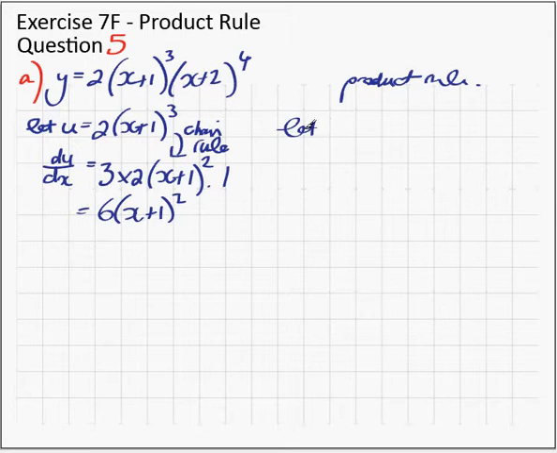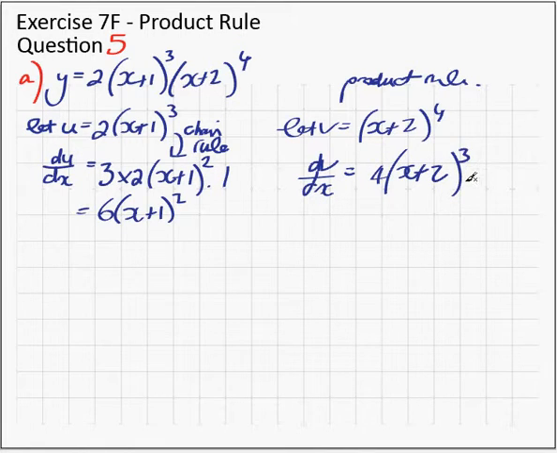I'm going to let v equal the second term, which is (x plus 2) to the 4, and that means dv/dx is 4 lots of (x plus 2) cubed times 1, which is just 4(x plus 2) cubed.